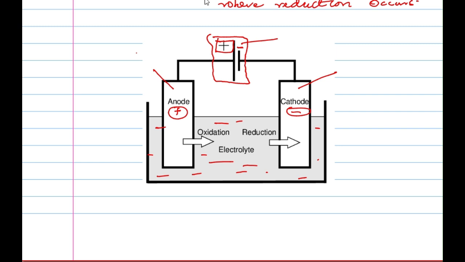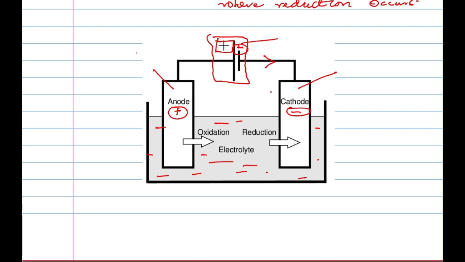So you have more electrons at the negative side of the battery than at the positive side of the battery. So if the battery wants to supply electrons or electric current into the circuit, that is into the electrolyte, it will come out from the negative side of the battery.